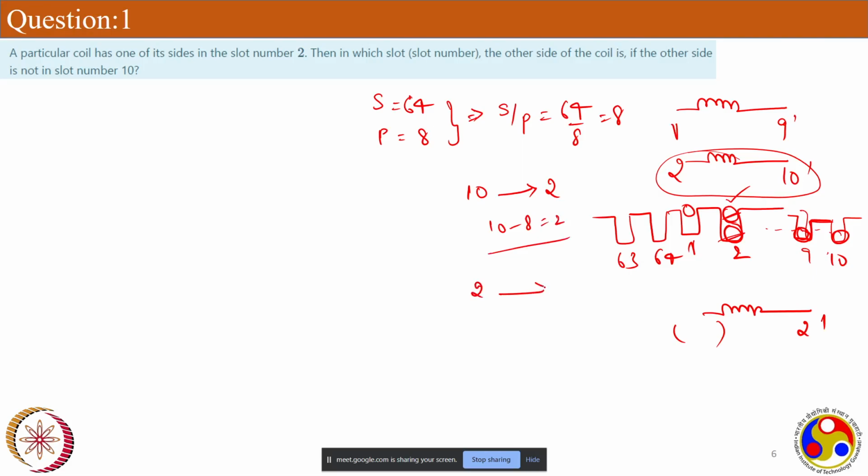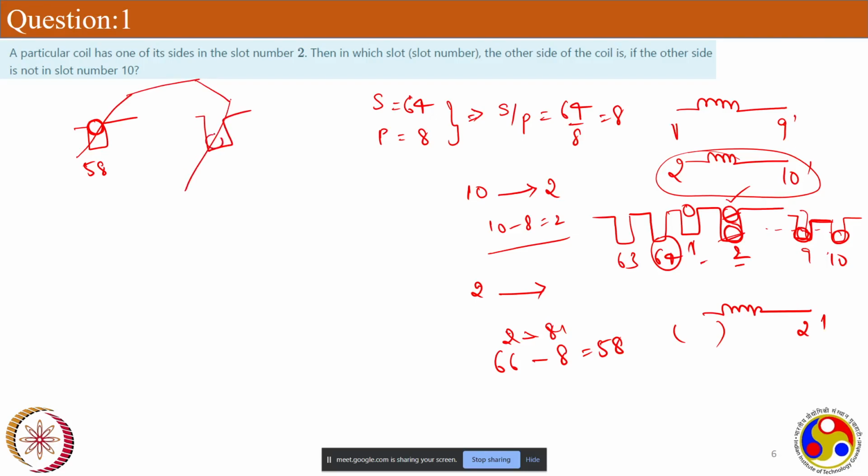Now if it is 2, we have to get where the back end is. We have to minus 8. That is not possible because it's the second one. What we will do, it is 64, right? It is 65, it is 66. Now you subtract 66 minus 8. How much is it? 58. So that means there is a 58th slot where the top coil is going and returning in the second coil's returning end.